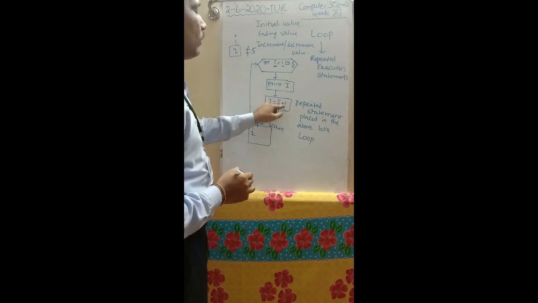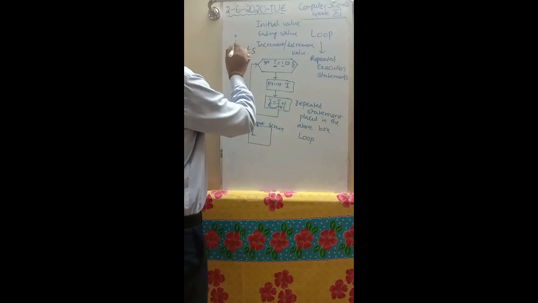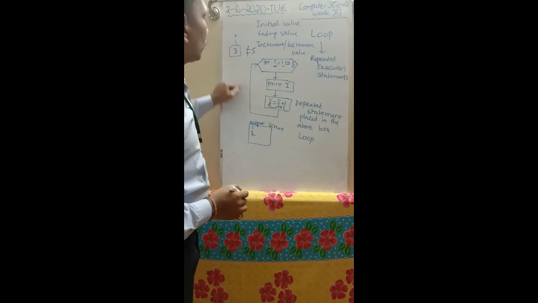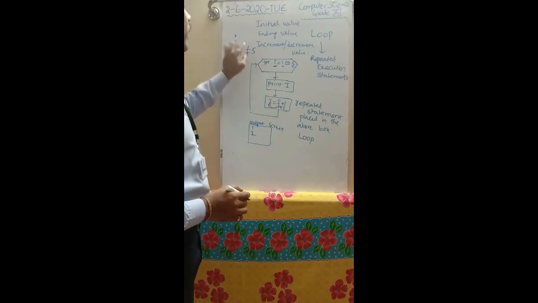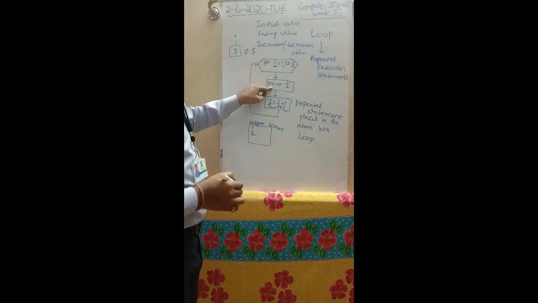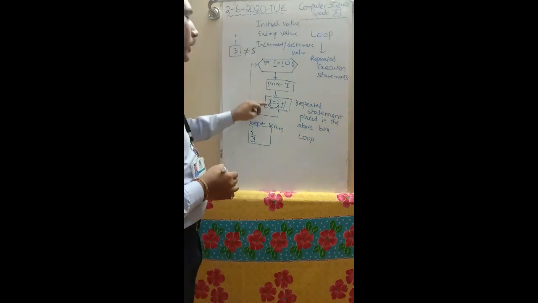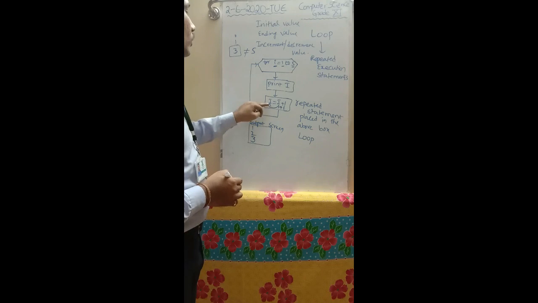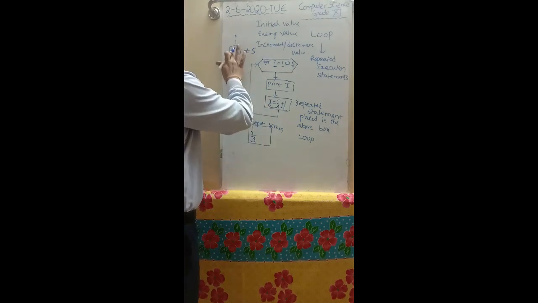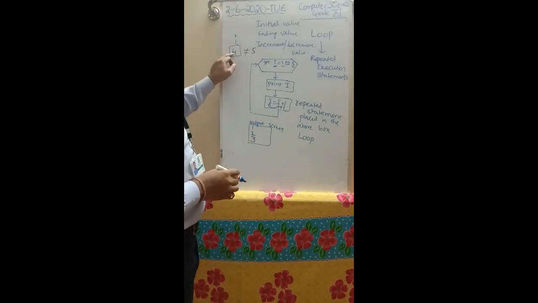Next again I is equal to I plus 1. Here I is 2, then 2 plus 1 is 3. Then I changes to the incremented value. Next, I is compared with 5. In this case, I is not equal to 5. That's why it comes to print I. Print the value 3. Next, coming to I is equal to I plus 1, here I is 3, 3 plus 1 is 4. I increments from 3 to 4.